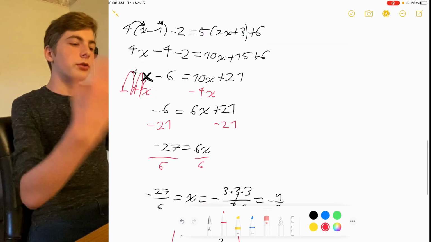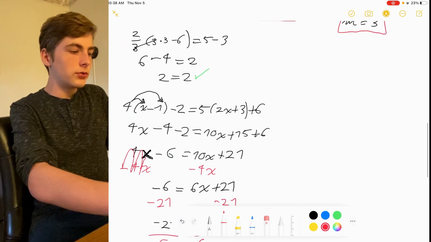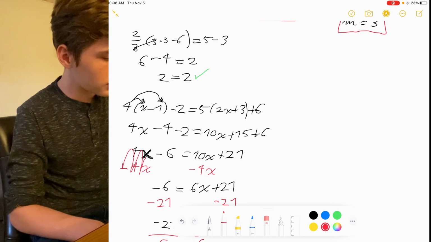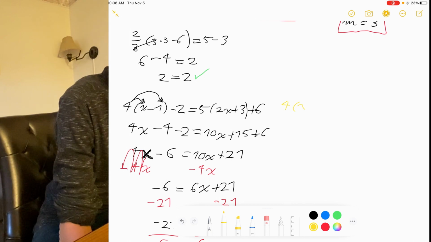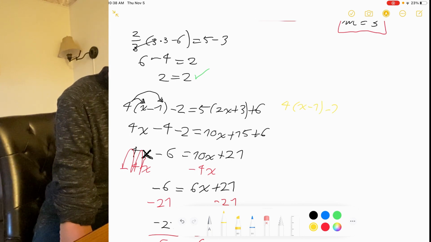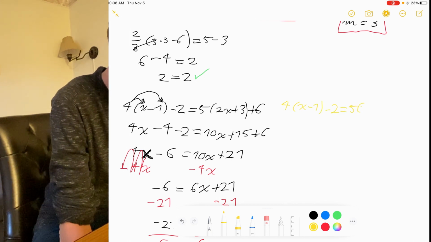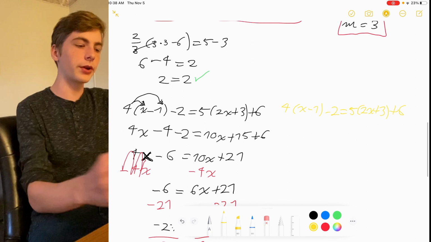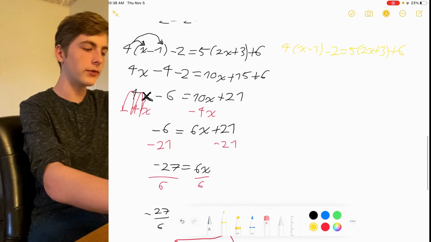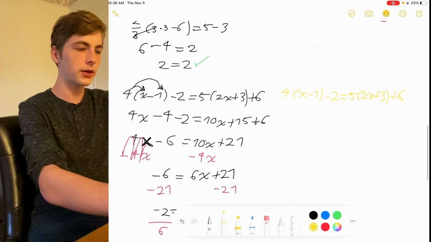So then we're just going to do step 5, which is to check it, right? So if we get our yellow for checking here, 4 times x minus 1 minus 2 is equal to 5 times 2x plus 3 plus 6. What we're going to do is we're going to take our negative 9/2 that we got down here. Don't forget the negative.